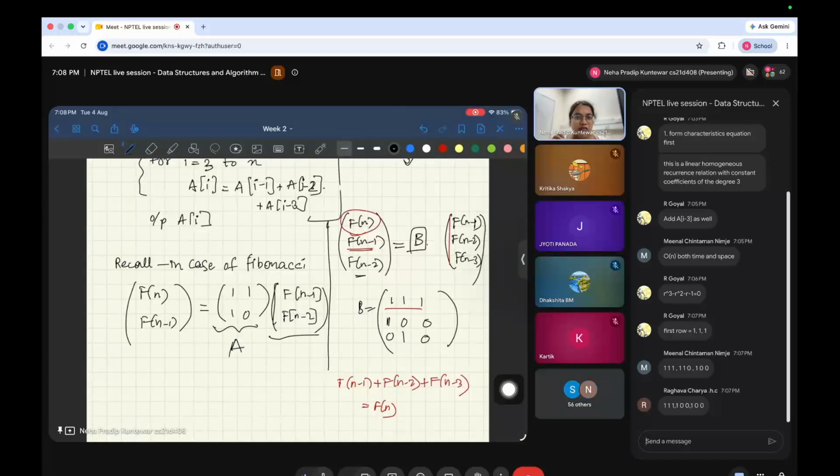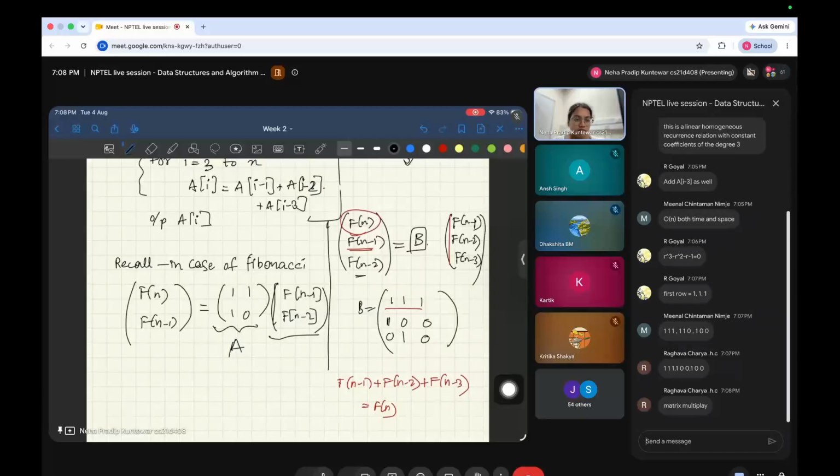If I want to find the nth number, how will you save time by using B? Yeah, so what you can do is you can keep on repeating this process.